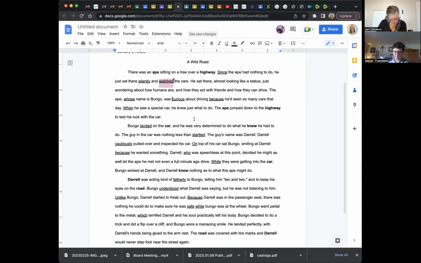Okay. Yeah, that'll work. And then you got your adjective curious and you got your -ly adverb. And you started one with since, so you really don't need... Oh, hold on, that's the prepositional opener.